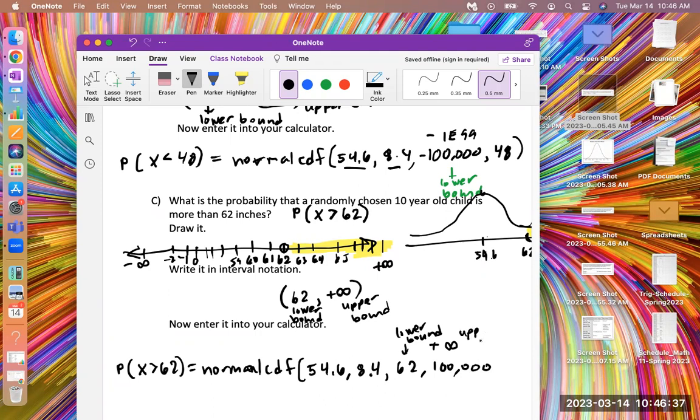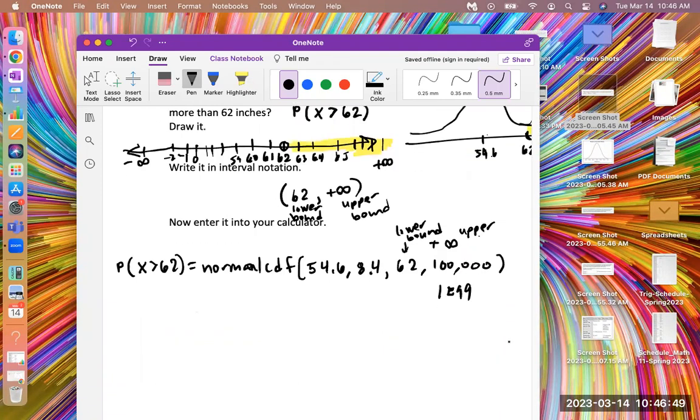Since the calculator doesn't understand positive infinity, you could put positive 100,000, or if you want, positive 1e99, either one. That's how you do it on a calculator.